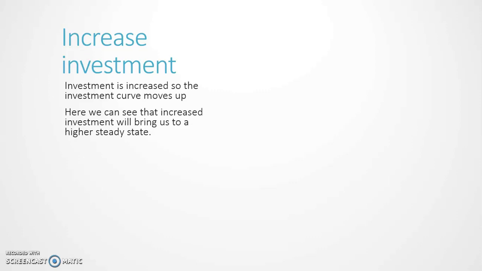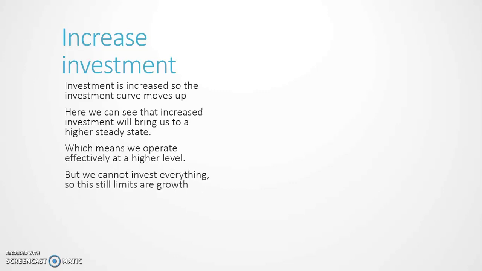Increase investment to 40%. Investment is increased, so the investment curve moves up. Here we can see that increased investment will bring us to a higher steady state, which means we can operate efficiently at a higher level.